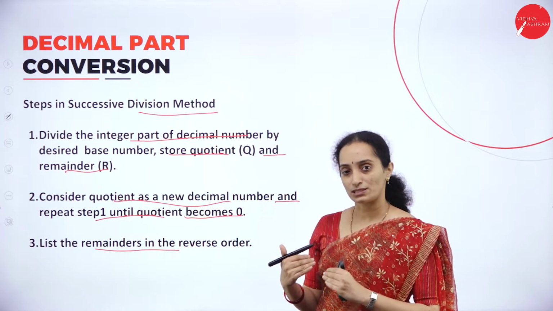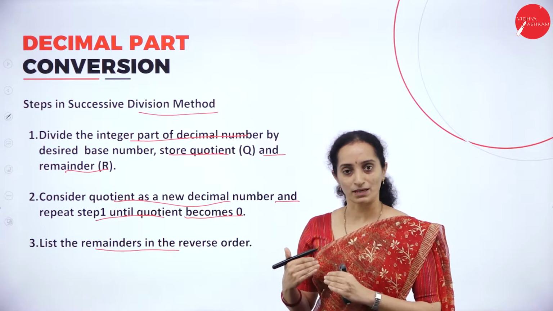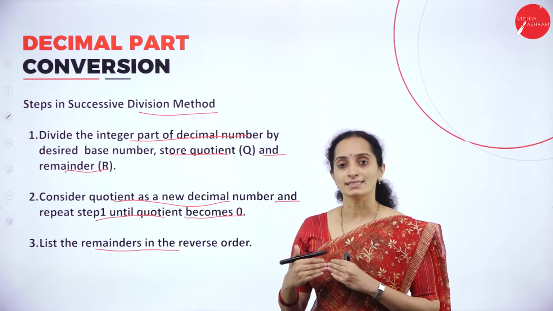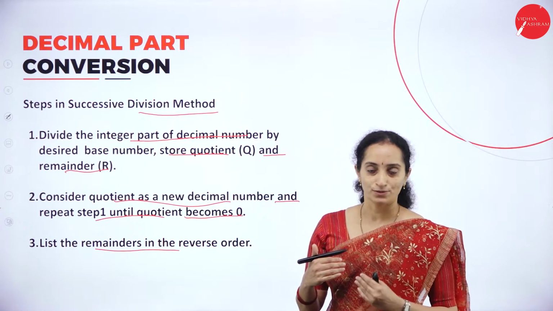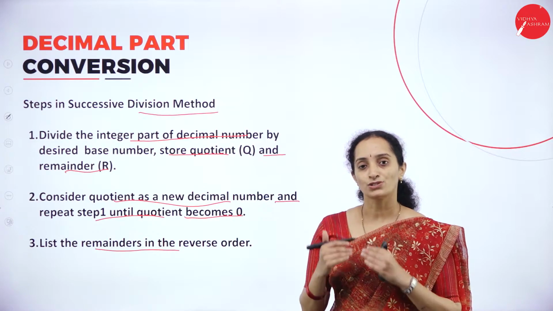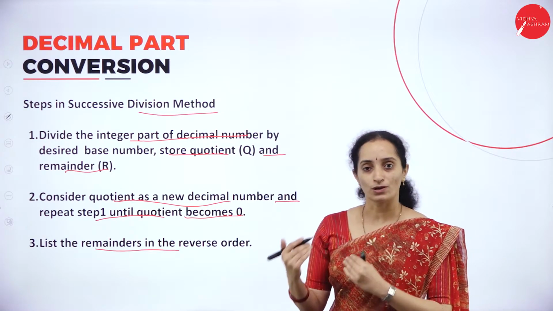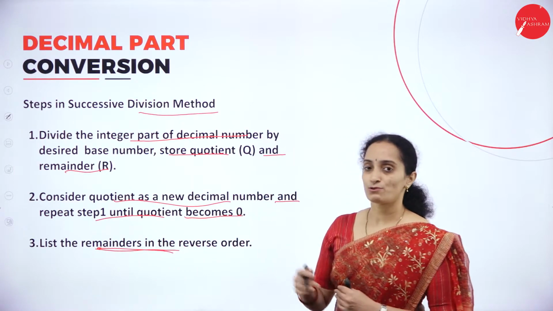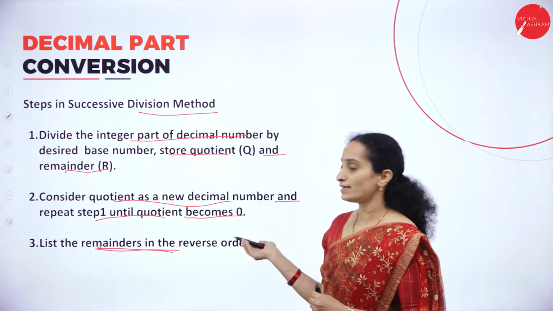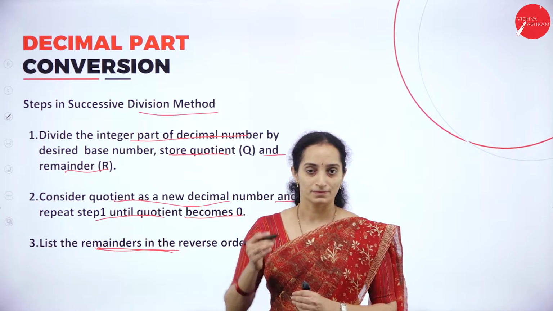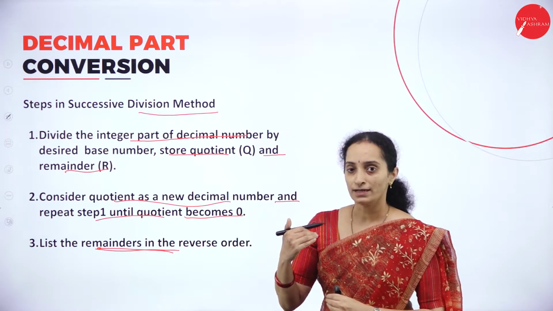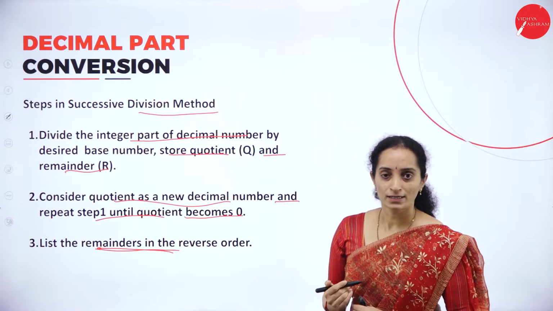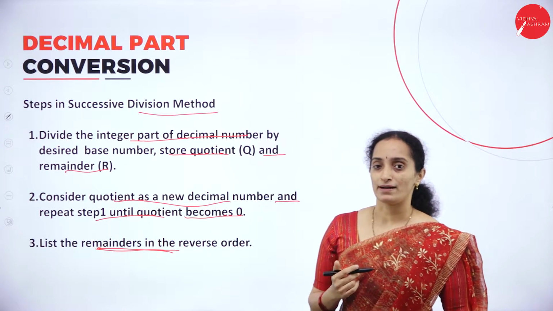At that position, you can stop the division and note down the remainder. The last step is to list the remainders in reverse order, not from top to bottom; it must be listed from bottom to top. So this is the integer part.